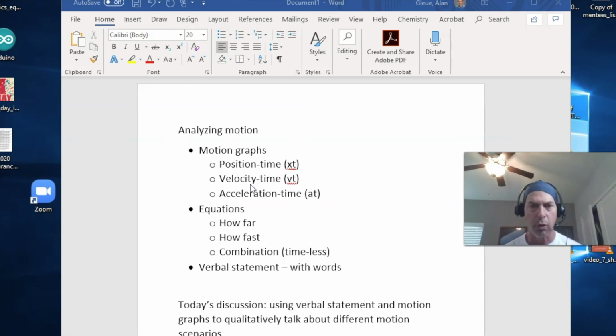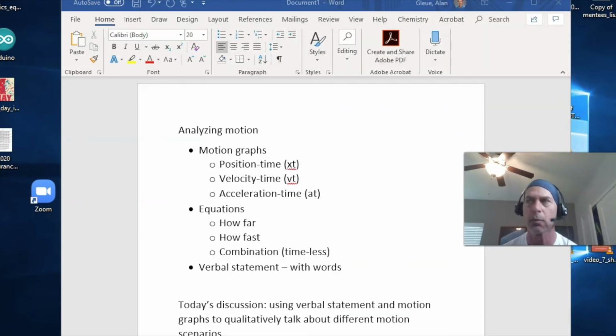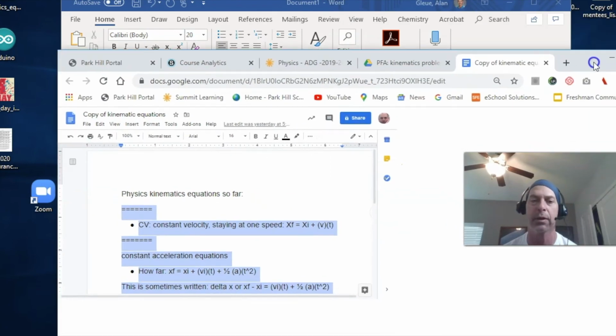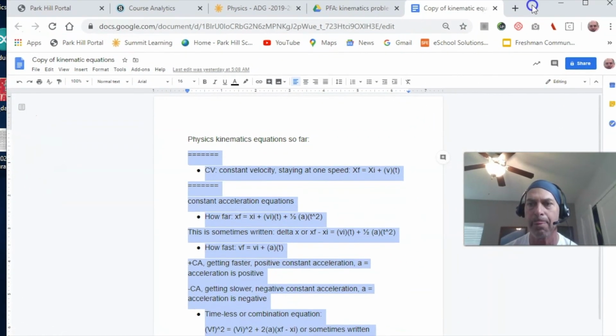We've also talked about different types of equations, and I've labeled them how far, how fast, and the combination equation. So our main equations, let me get that sheet over here. We've got our constant velocity equation. That's an object that's not accelerating. We have what I call our how far equation and our how fast equation.